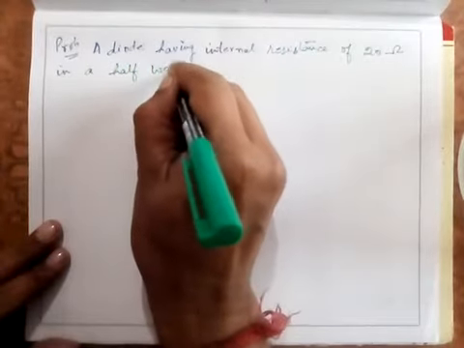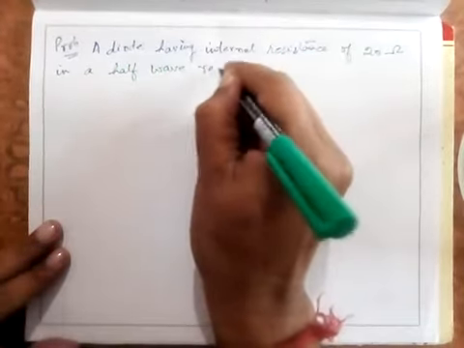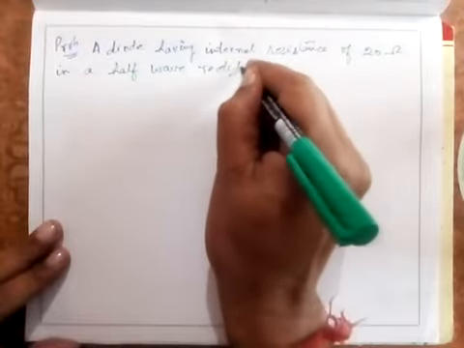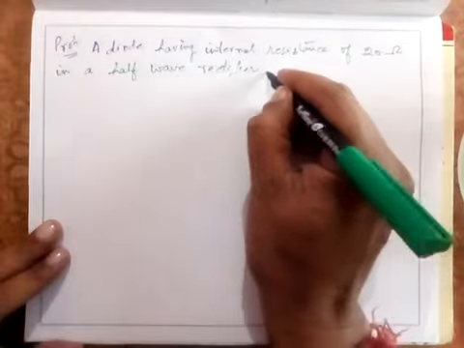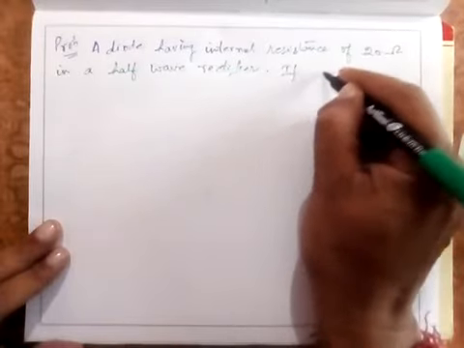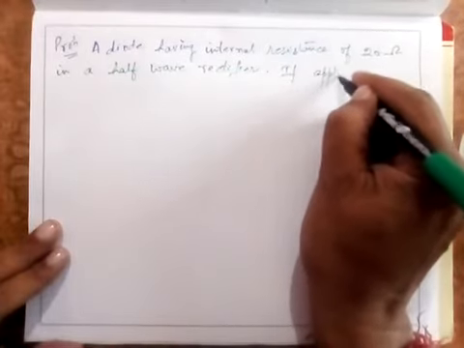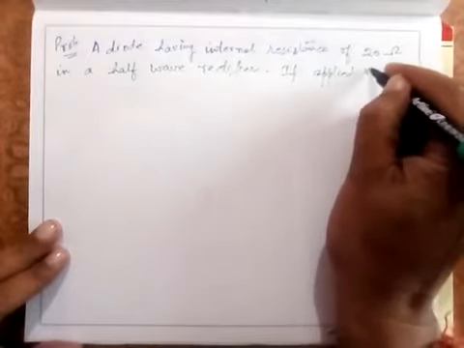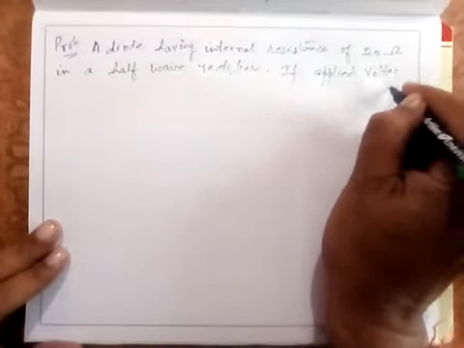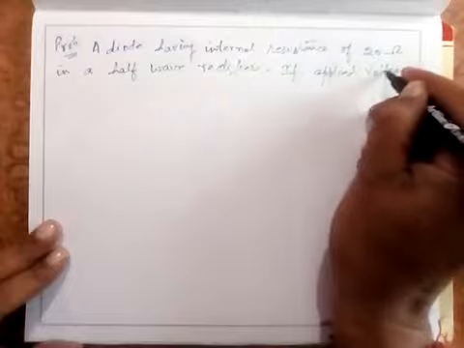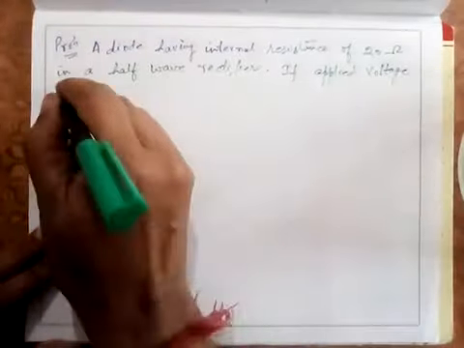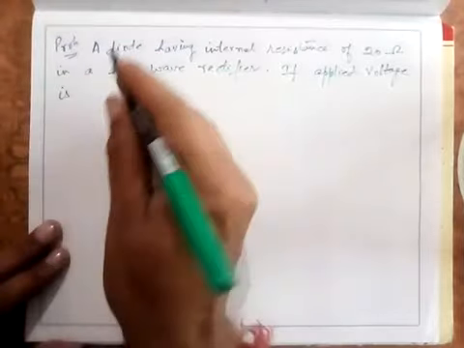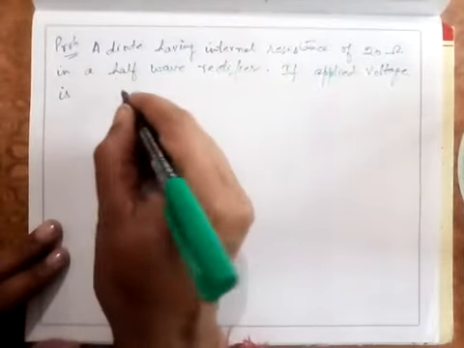In a half wave rectifier, suppose the applied voltage, or applied signal, is simply 50 sin omega t.